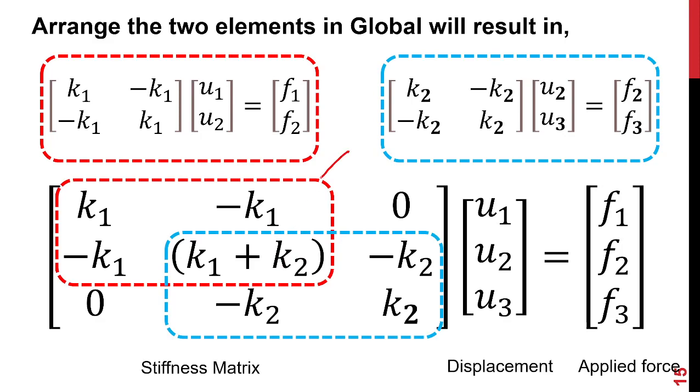Yang merah ni elemen 1, yang biru ni elemen 2. Macam tu. Lepas tu displacement dia combine U1, U2, U3. Lepas tu ada F1, F2, F3. Ini adalah numerical method yang kita boleh gunakan untuk solve kalau ada dua elemen sahaja.